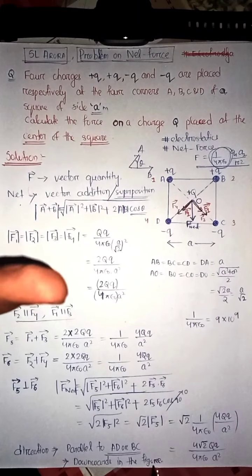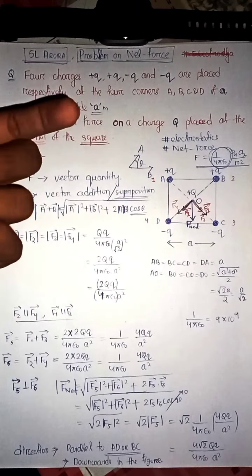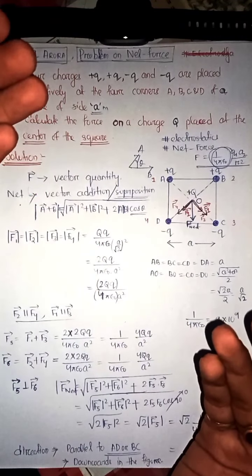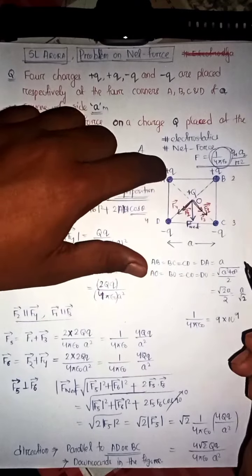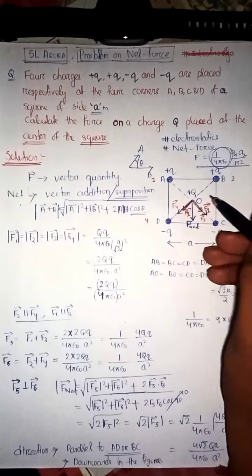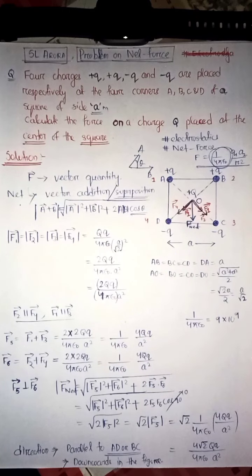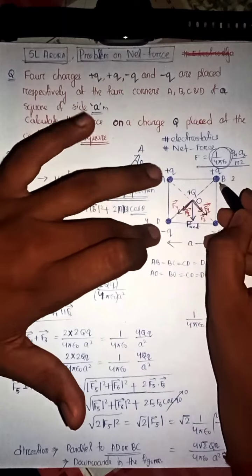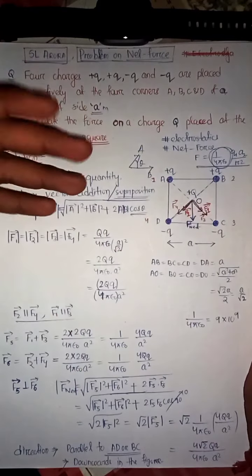If you want to find force, you need the charges and the distance. The charges we have are plus q, minus q, minus q, and at the center is plus capital Q. The distance is needed. We can see that the distance of all four charges from the center will be the same, because it's a square.